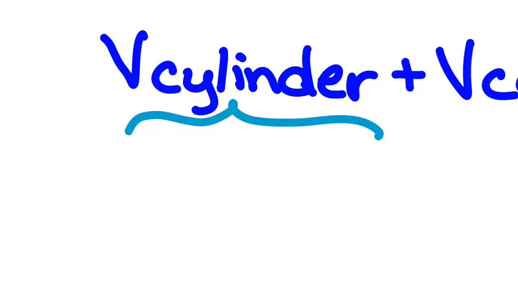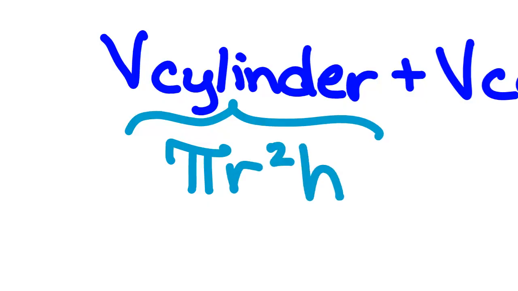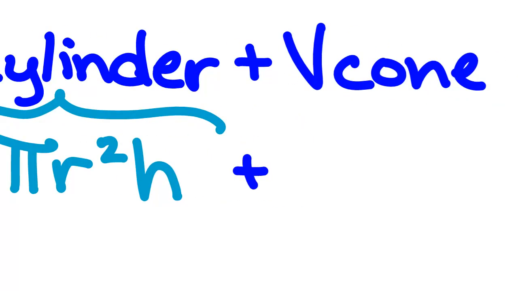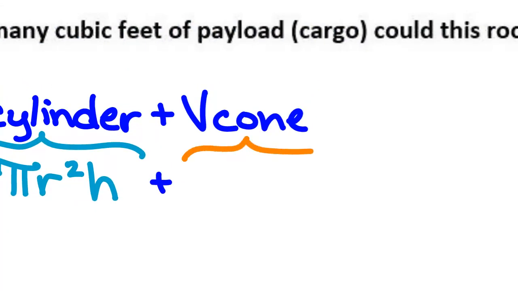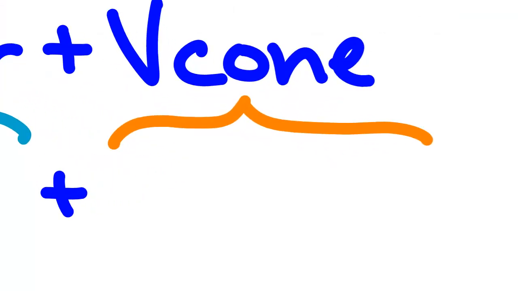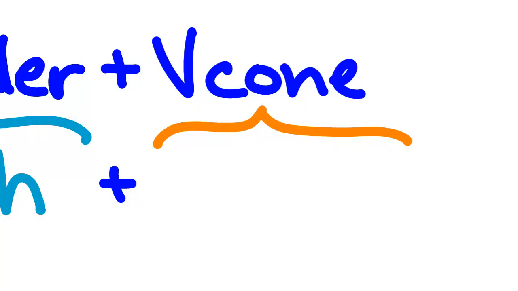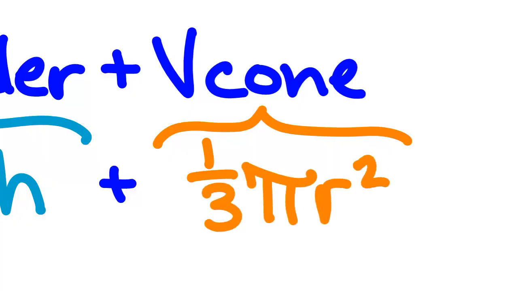How do we find the area of a circle? Pi r squared. So this is going to be pi r squared times the height. Plus, how do we find the volume for a cone? One-third pi r squared times the height.